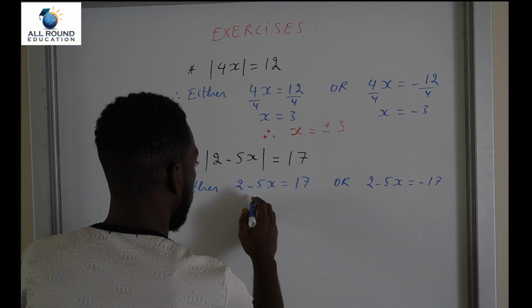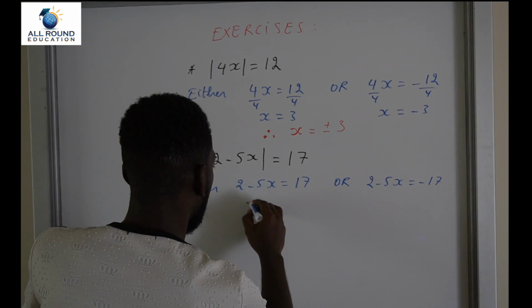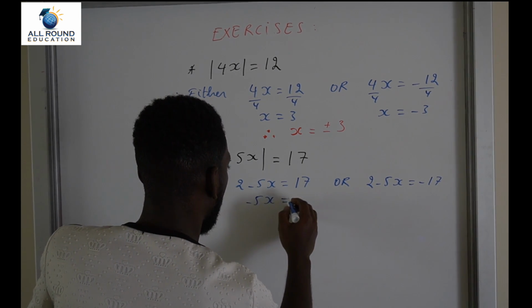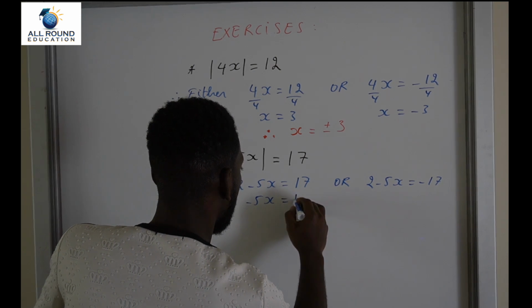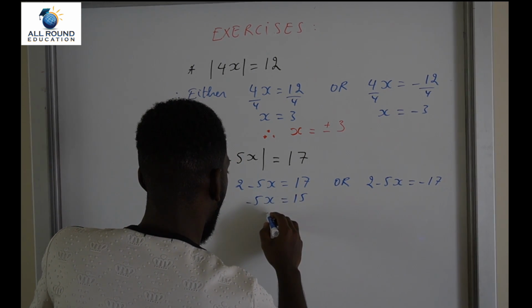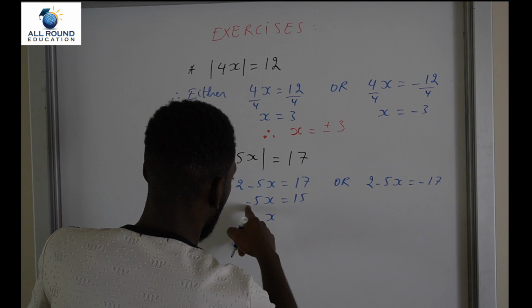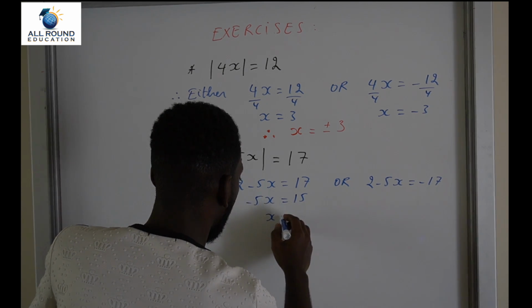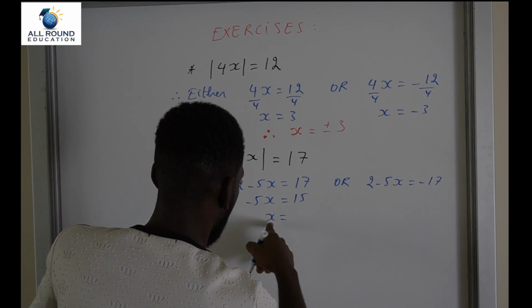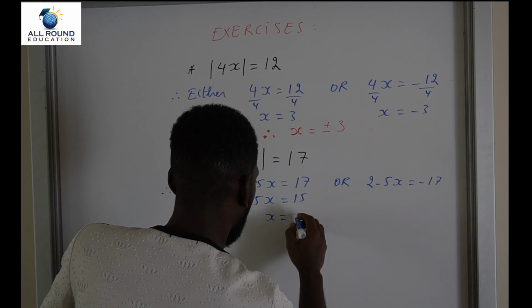Now if it's equal to 17, subtract 2 on both sides, you get negative 5x is equal to 15. Therefore, dividing by negative 5 on both sides, you end up with x being equal to negative 3.